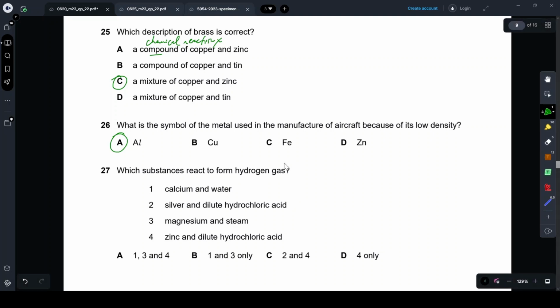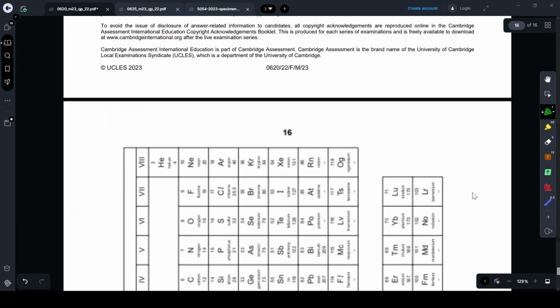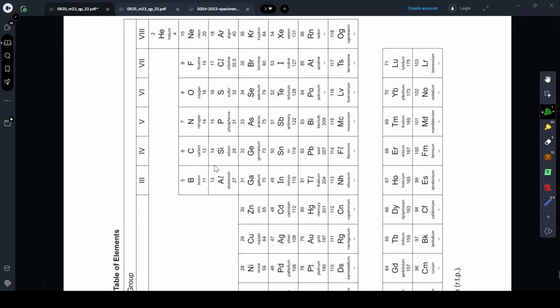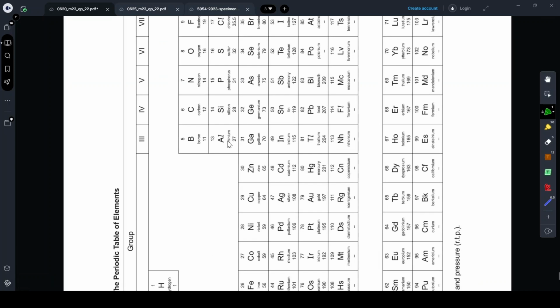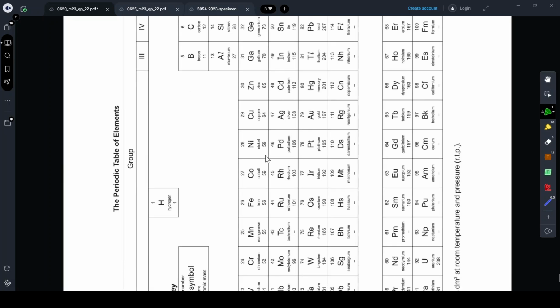Again, if you take a look at copper, iron, and zinc as compared to aluminum in the periodic table, you've got aluminum over here in group 3 and period 3. It has a mass of 27, whereas zinc has 65, copper 64, and iron 56.